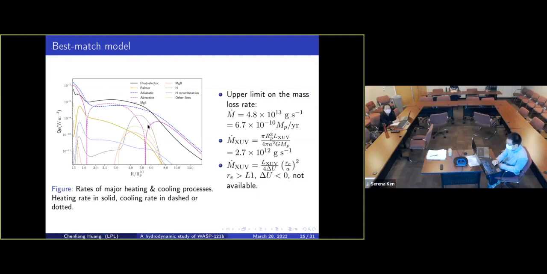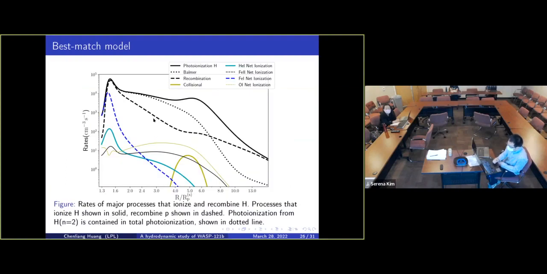So actually the line cooling is not important in this case. And for the ionization and recombination, the Balmer continuum ionization is the dominant ionization process in a quite large region near the base of our model.